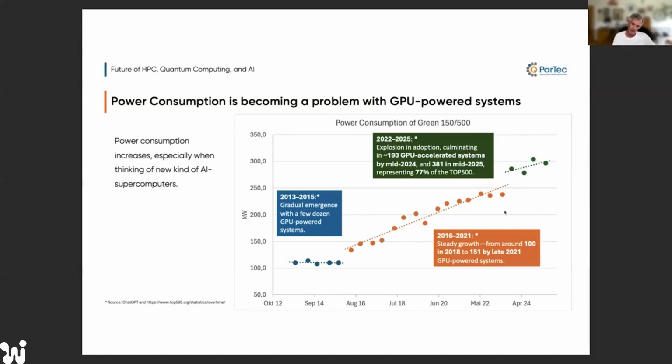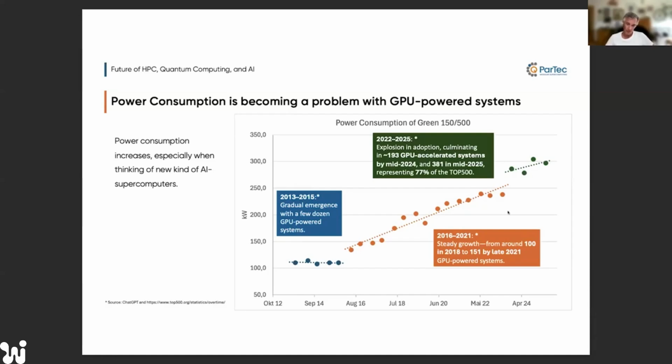But at the end, if you remember the first chart, we still get this decreasing performance over the years, even though we use these new GPU technologies. We in HPC are not using GPUs for AI for the moment, but for powering classical systems with another kind of classical chip technology.